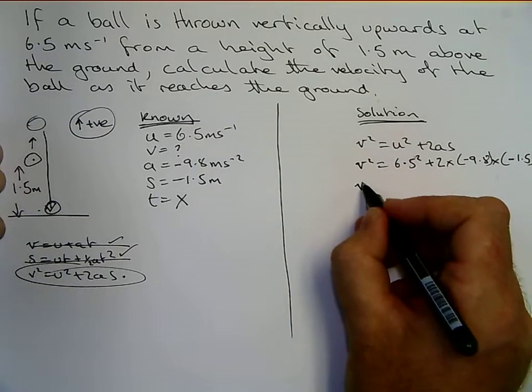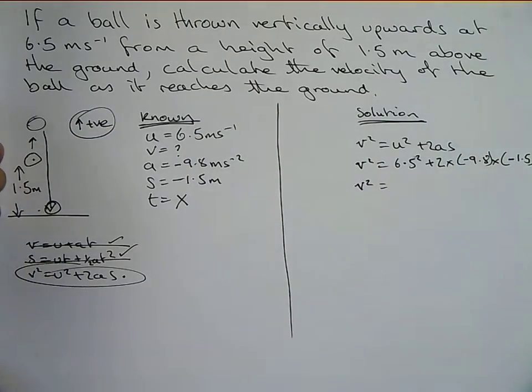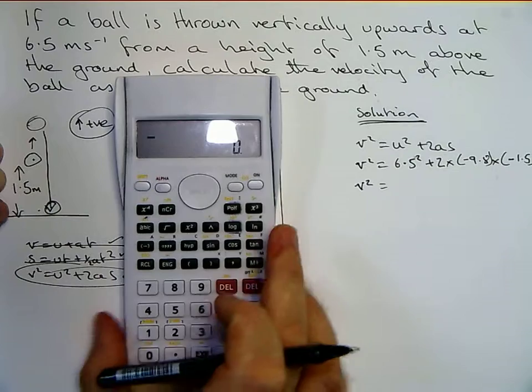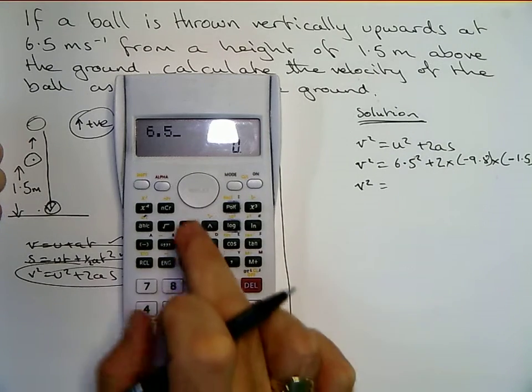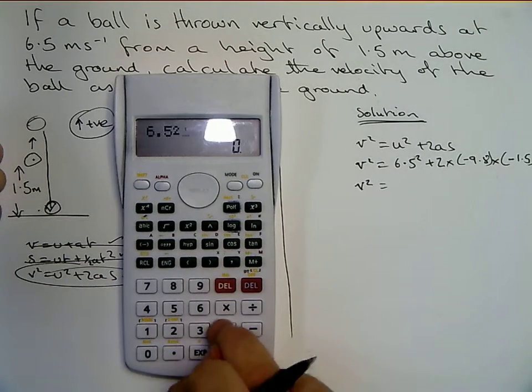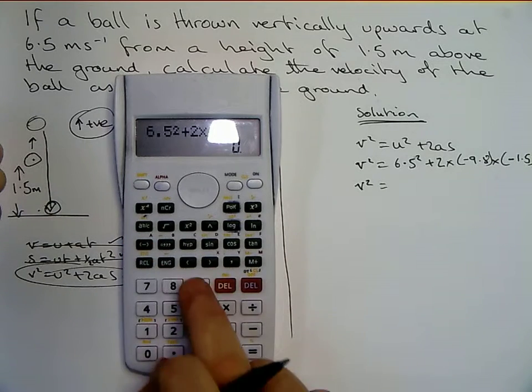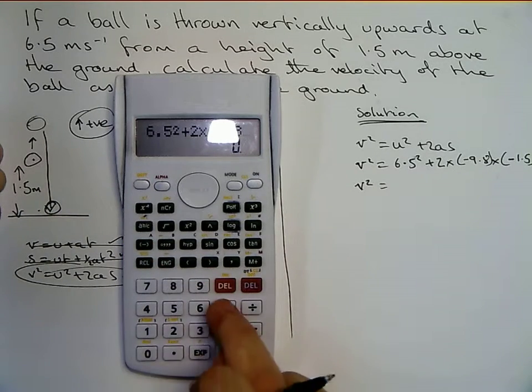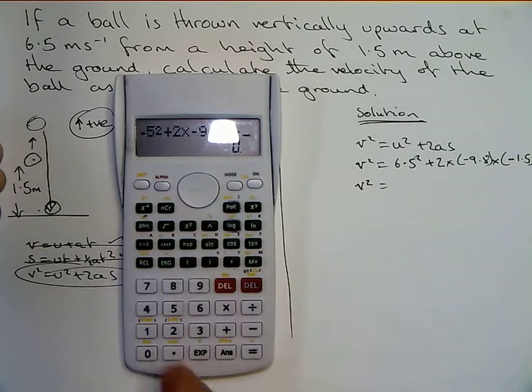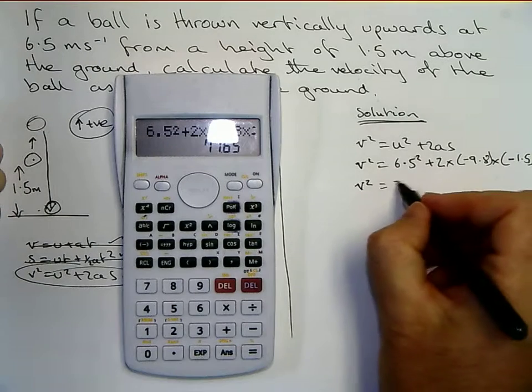So let's just tidy that up. So v squared equals, and use a calculator for this, 6.5 squared plus 2 times negative 9.8 times negative 1.5, and this should give us a positive number, I hope, 71.65.